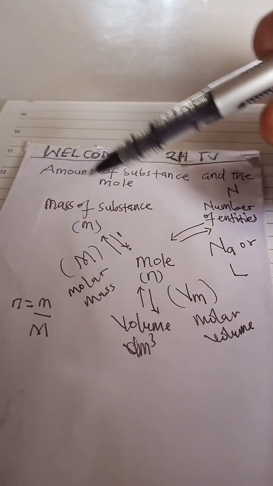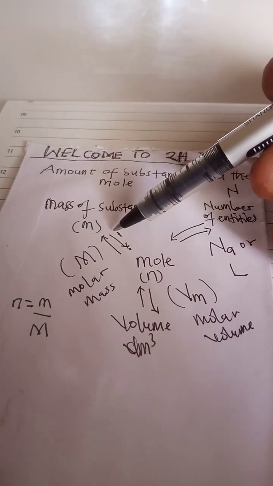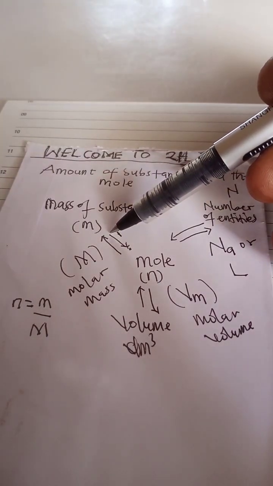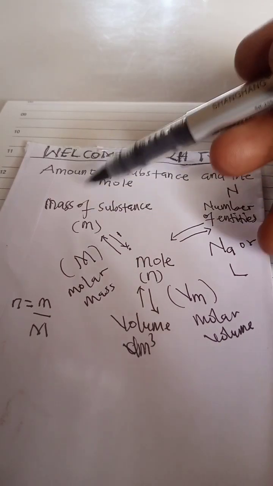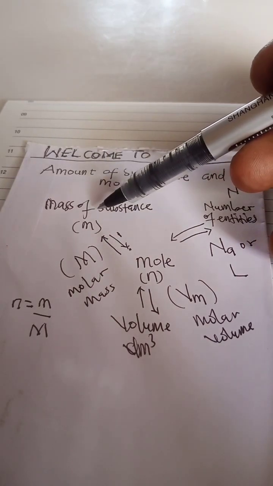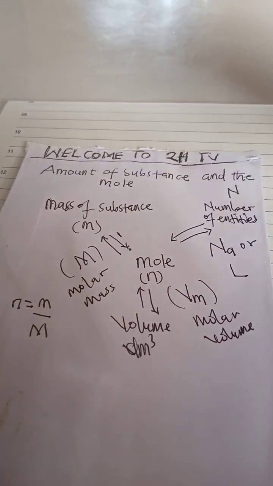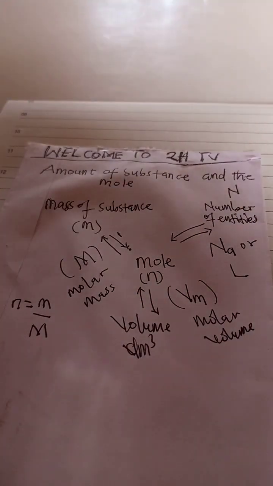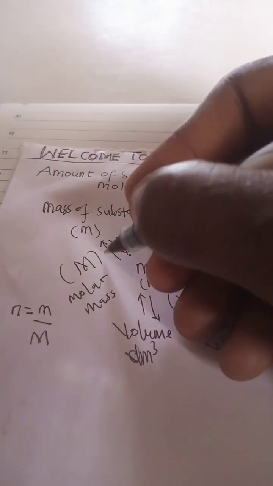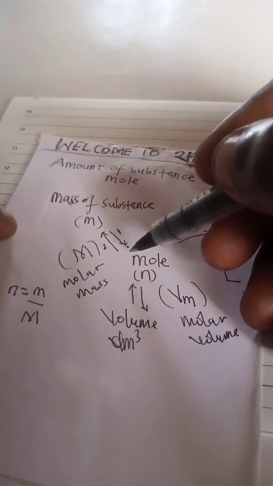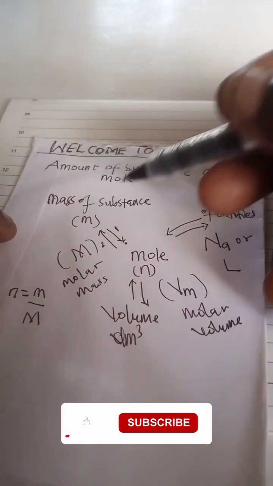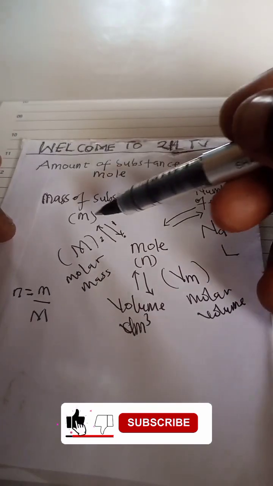So where the arrow comes from will be given in the equation. So the mass will be given, and definitely the molar mass will be given, then you find the mole. When you take the second arrow, where it is coming from will be given in the equation, and where it is going is what you are finding. So you have to find the mass.